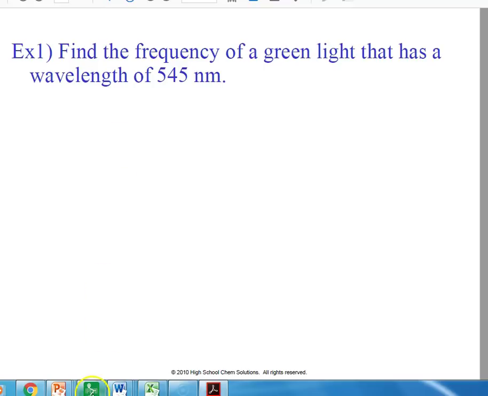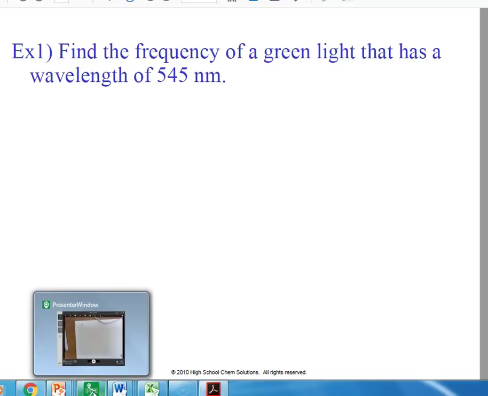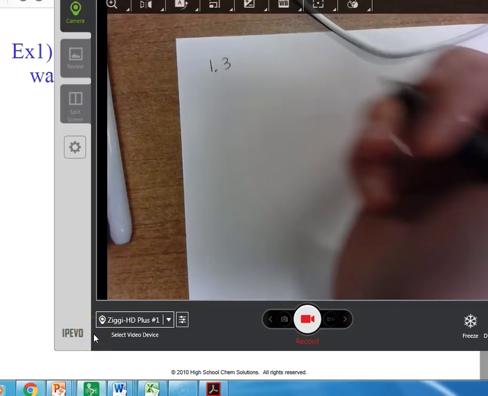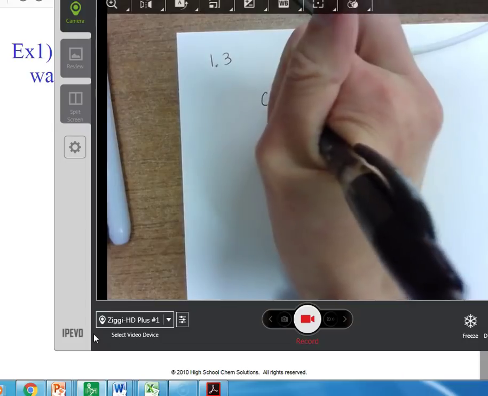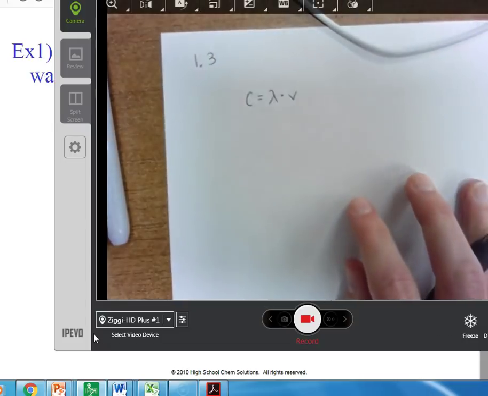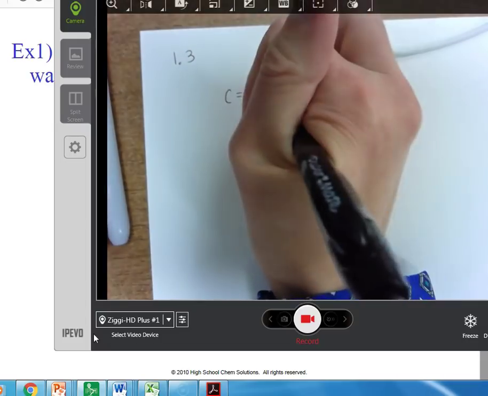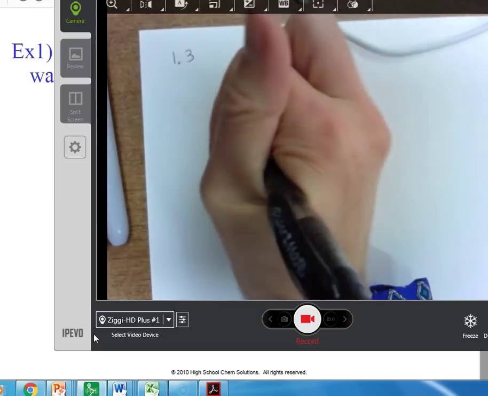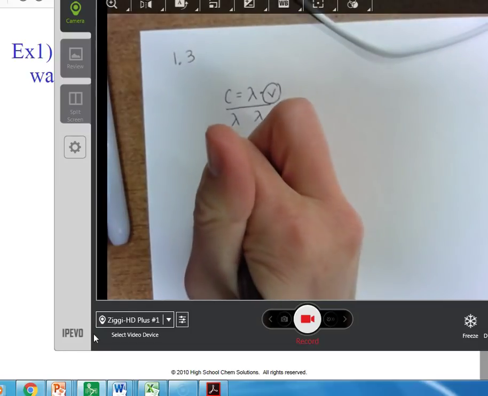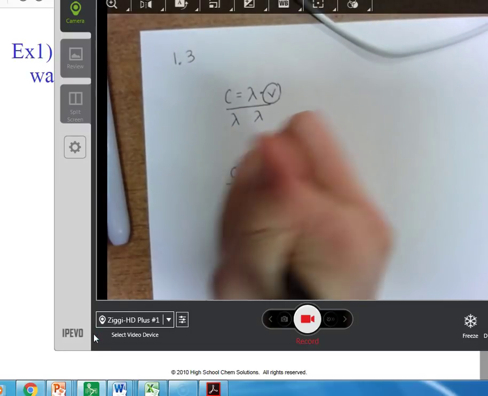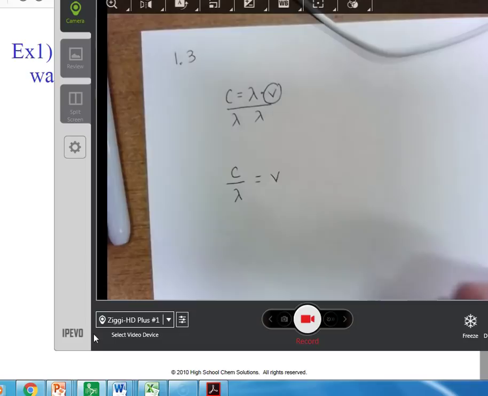I'm going to flip over to my video. We're using the equation c equals wavelength times frequency, and in this problem we are looking for the frequency. So I'm going to divide both sides by wavelength. So c divided by wavelength equals frequency.